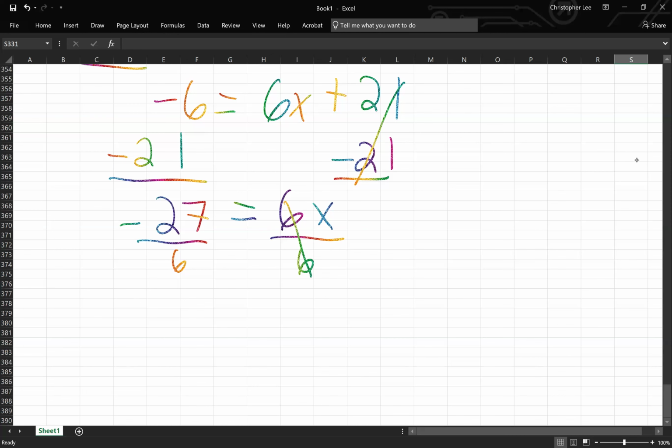So let's think about it. I have negative 27. Technically speaking, that's just negative 9 times 3. And on the bottom, I have 6. What's 6? 6 is just 2 times 3. So the 3's will cancel out. Final answer is negative 9 over 2.